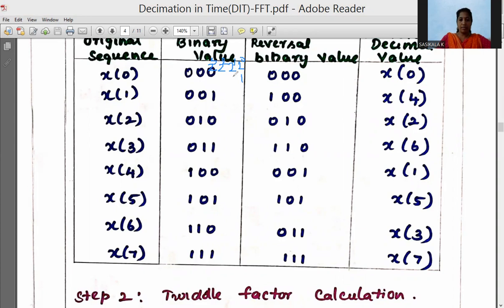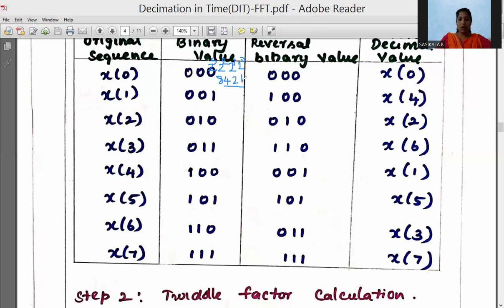So 2 power 1 is 2, 2 power 2 is 4, and 2 power 3 is 8. So we know this 8421 code. Since we have only 8 inputs, 3 bits are enough to identify these 8 numbers. That is, we are using only 4, 2, 1.